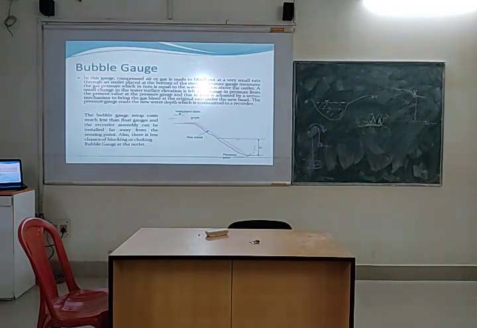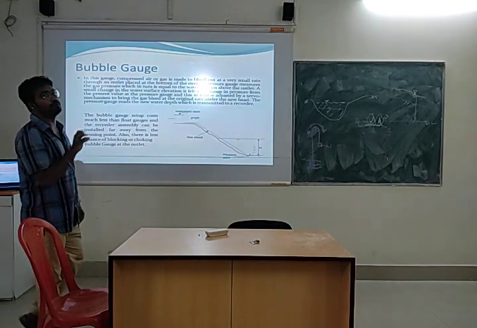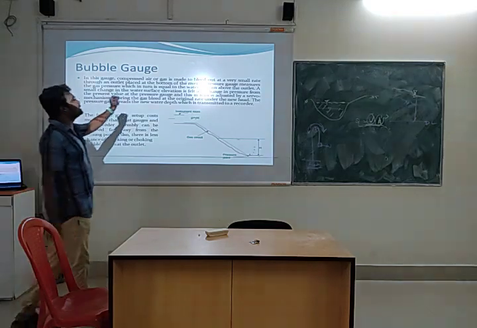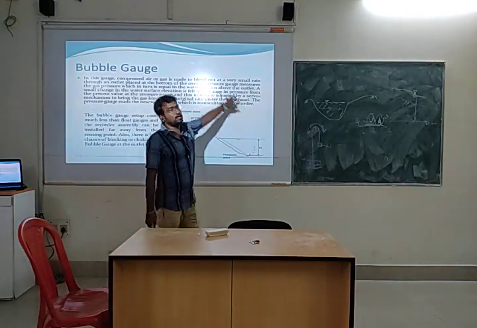Clear? Right. Let's see. In this gauge, compressed air or gas is made to bleed out at a very small rate. At a very small rate, we will bleed some bubbles at the bottom of the river, right? A pressure gauge measures the gas pressure, which in turn is equal to the water column above the outlet.